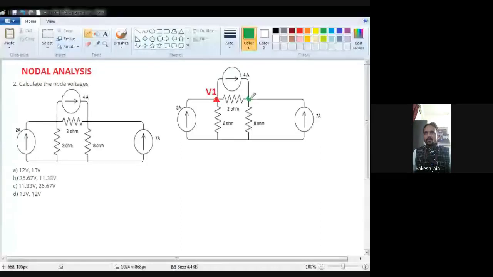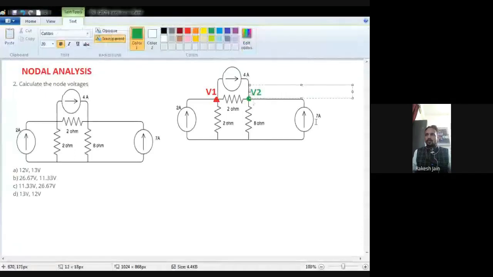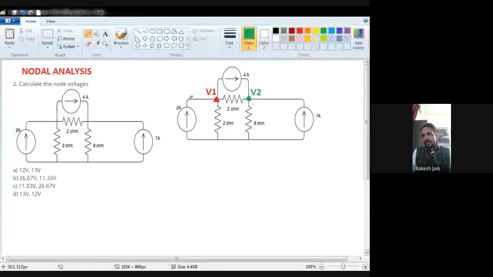It means this is my second node. And let the voltage at this second node be V2, 2 for second and V for voltage. Now this is not a node because this 2 ampere source is directly connected with V1, so this is not a point of node, and this is also not a point of node.